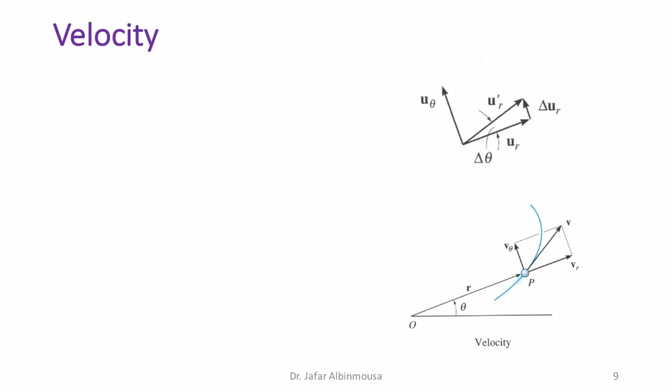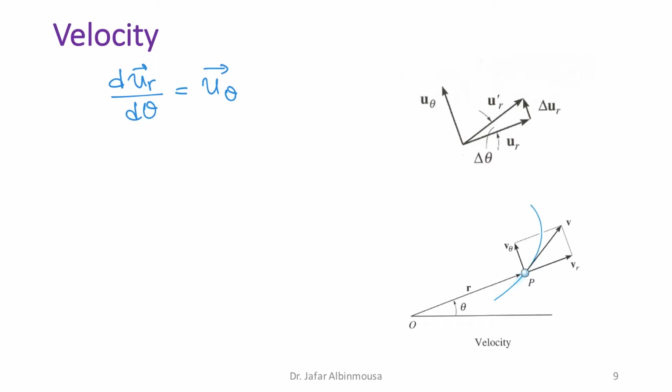Now, similar to the normal tangential system, we can have a derivation to prove that dur over d theta is actually equal to the unit vector u theta. But I'm not going to go through it. You can go check it from the textbook.